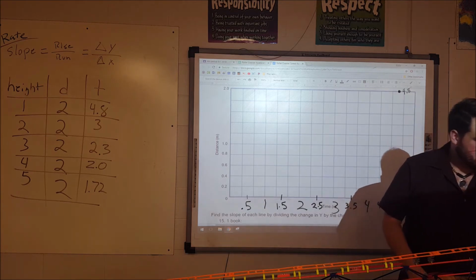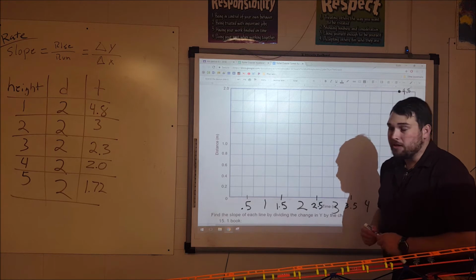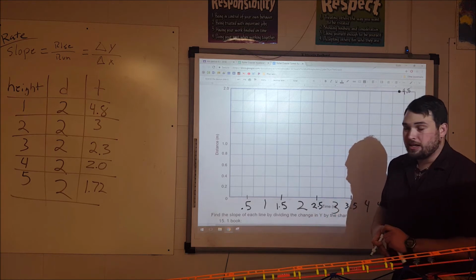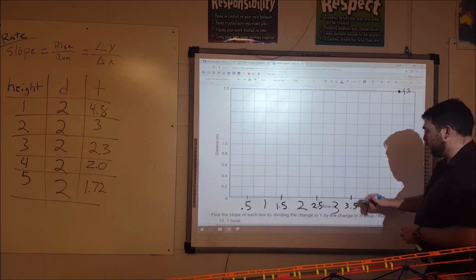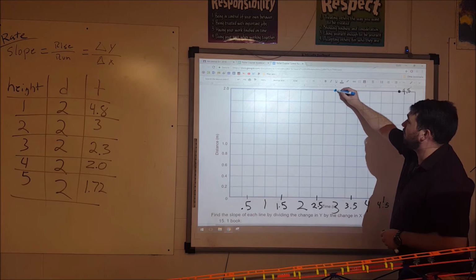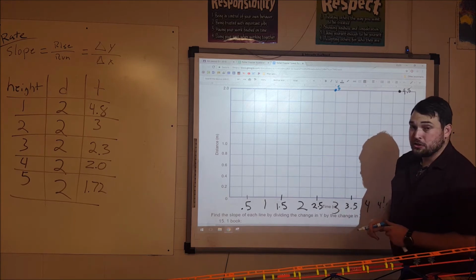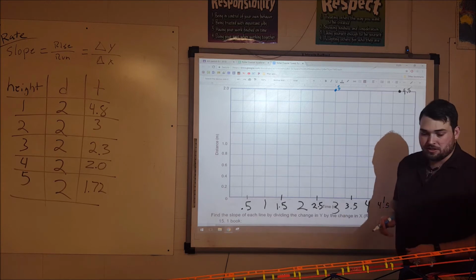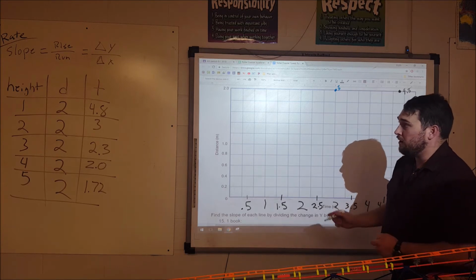I'm going to use different colors, hopefully I have 5 that'll show up, to plot each point, and then draw the lines to connect them. Our next line will end at 3, 2. 3 seconds at 2 meters. Our next line after that is 2.32.